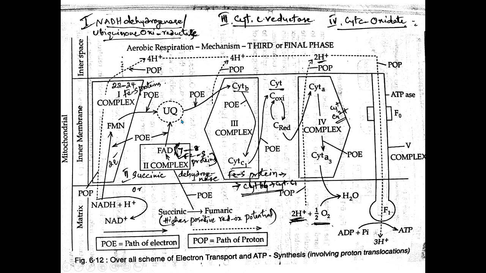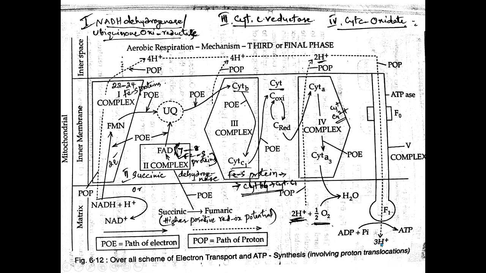Where are these enzyme complexes present? These enzymes are nothing but proteins, so they are embedded in the mitochondrial inner membrane. This whole structure is the inner membrane, and this is the mitochondrial matrix.